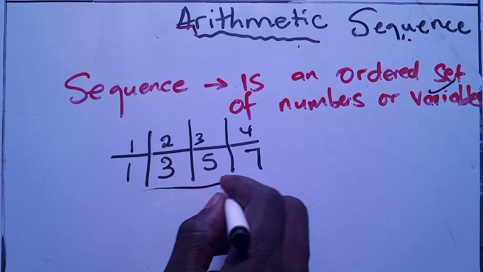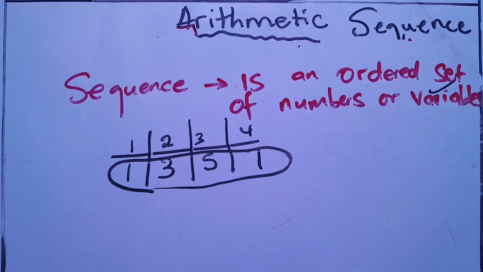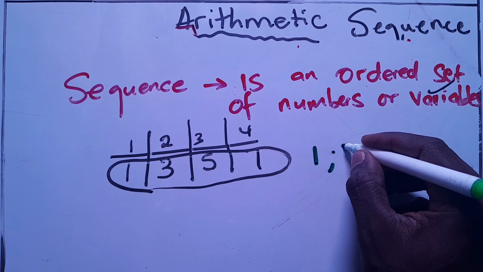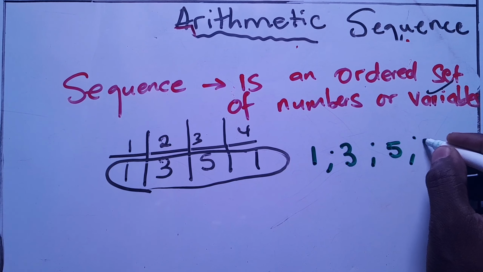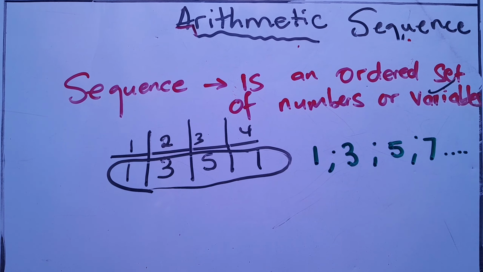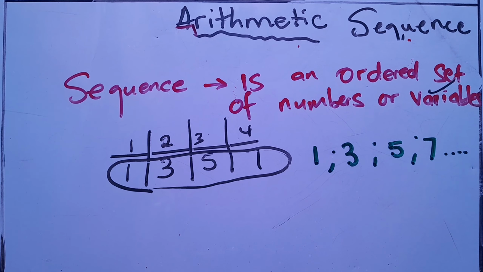These are an ordered set of numbers: 1, 3, 5, 7, and so on. So my sequence has 1, 3, 5, and 7.